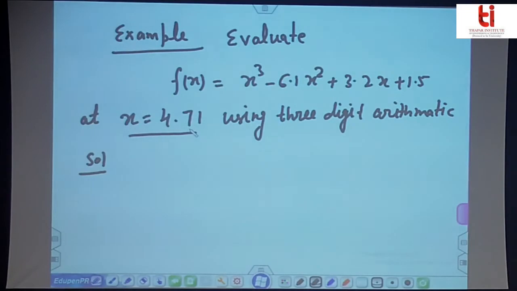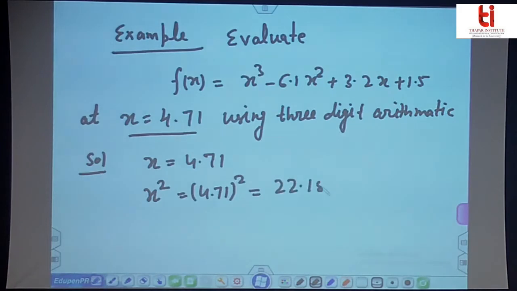Okay, so first of all, we compute the value of x square. x is given as 4.71, so x square will be 4.71 square. This value comes out to be 22.184100.